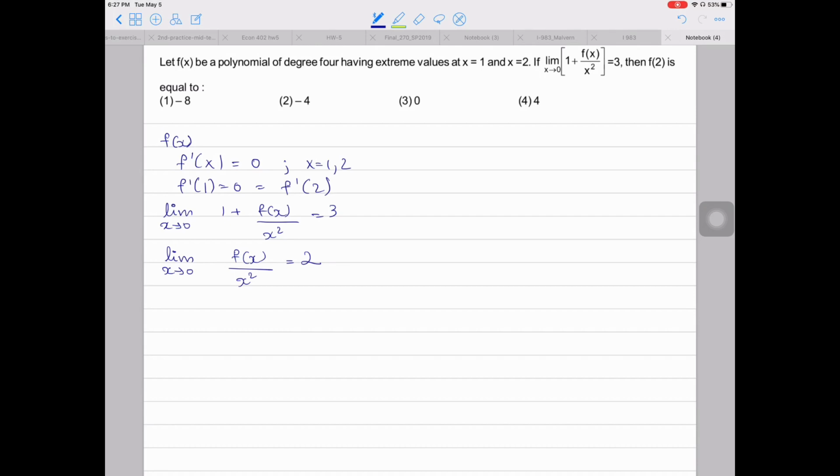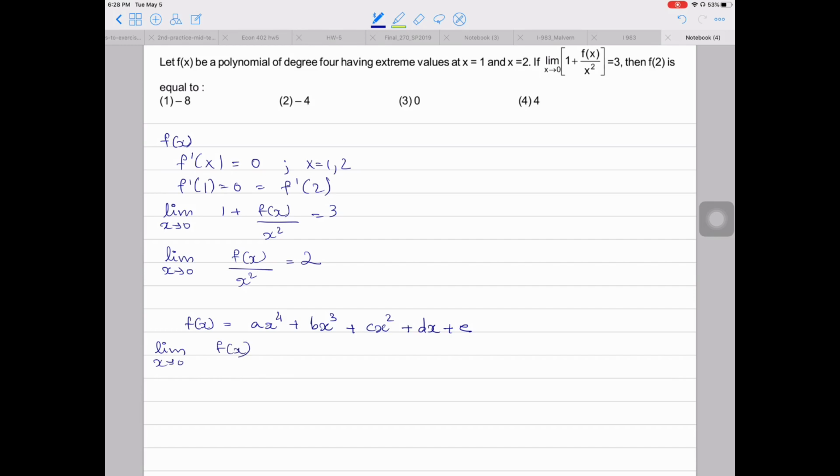Since x is approaching 0 and the limit is 2, and it's a degree 4 polynomial, let's assume that f(x) is a times x to the power 4 plus b times x to the power 3 plus c times x to the power 2 plus dx plus e.